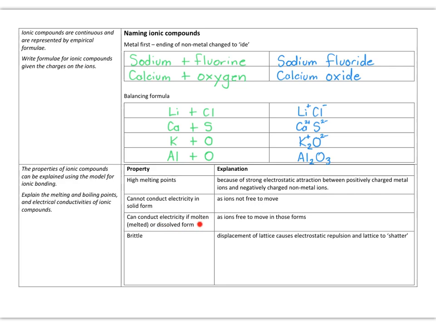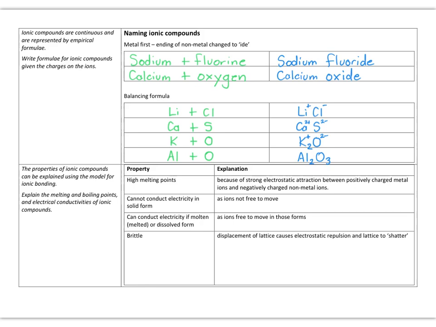However, if you melt them, so they become molten, or you dissolve them in water, those ions then become free to move. So molten salts, or melted ionic compounds, salt is another word for an ionic compound, or dissolved ionic compounds, where the ions have become free, will conduct electricity as the ions are free to move in those forms.